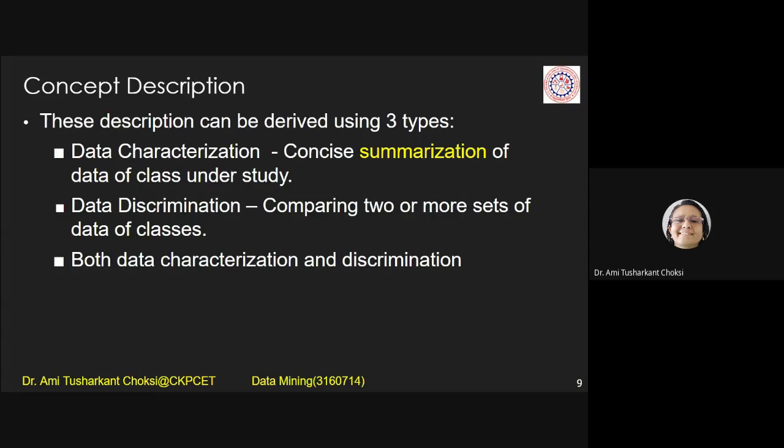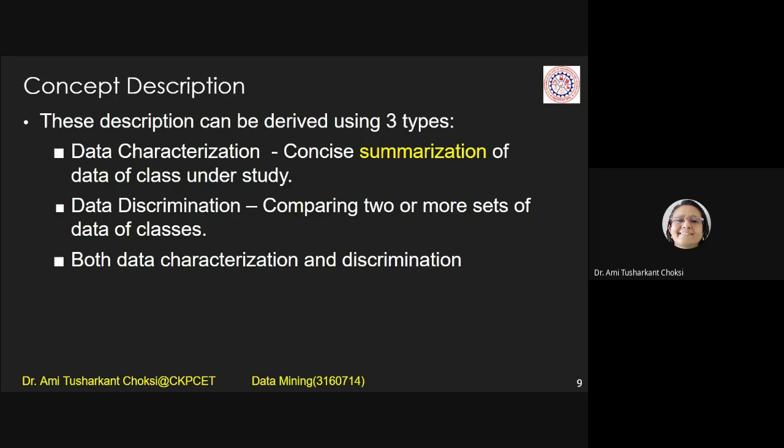Okay. Data characterization: concise summarization of data of the class under study, right? Data discrimination. What is that? Comparing two or more sets of data of classes, right?